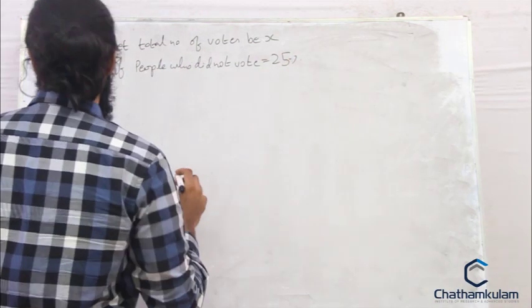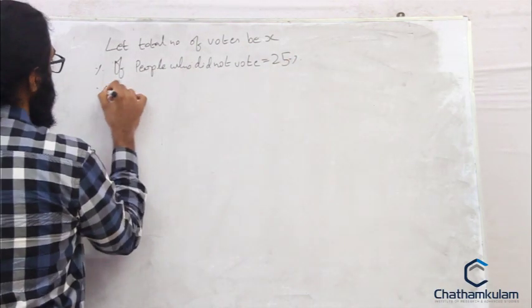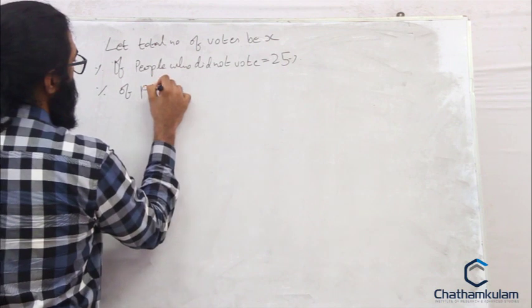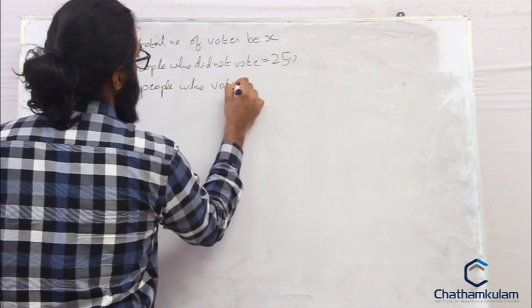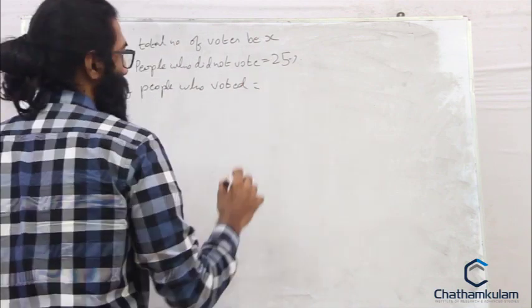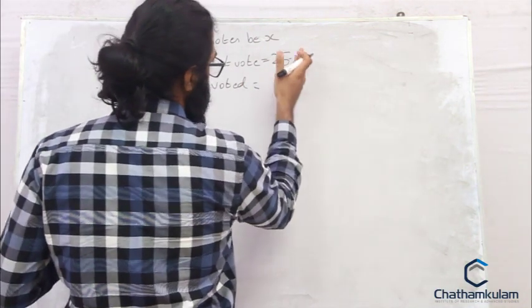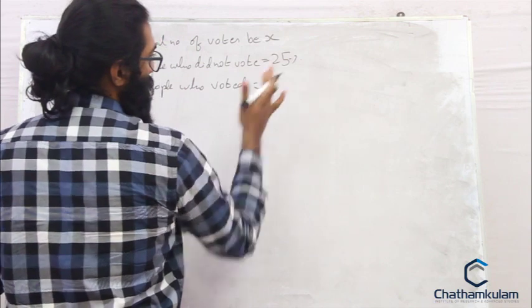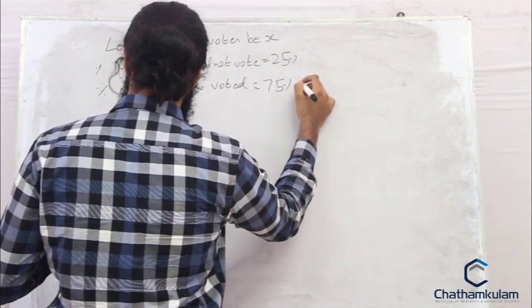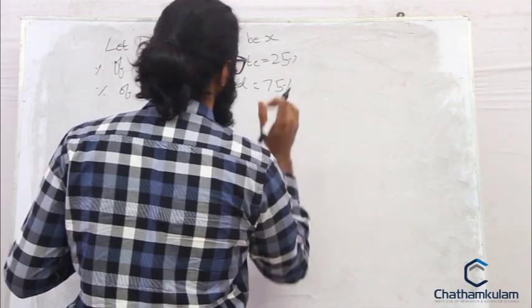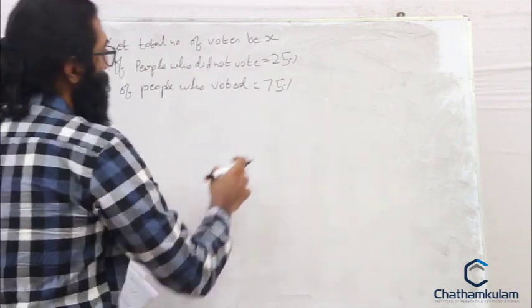So the percentage of people who voted is 100% minus 25%, which is 75%.